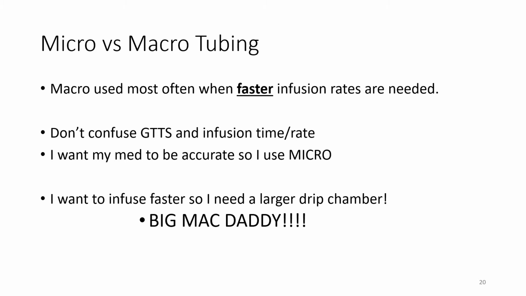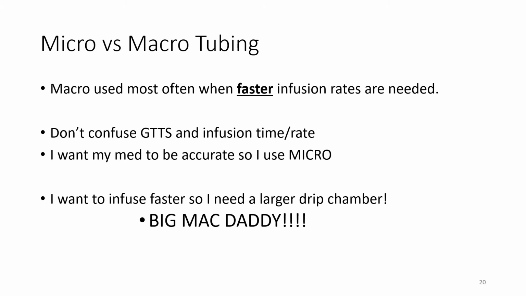Okay, so now don't confuse your drops and your infusion times and rates. The macro drip is set for us to deliver a specific number of drops per ml. So don't get confused with mLs per hour or mLs per whatever. I need my medication to be most accurate, so I'm going to use that micro drip.